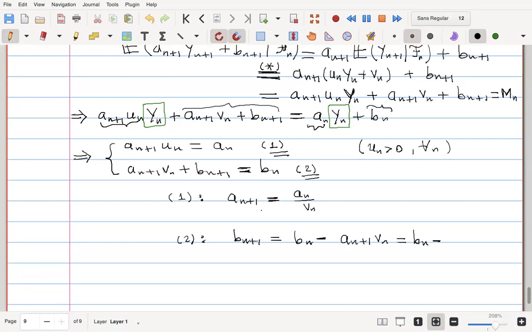If I substitute this expression, you see that the v_n will cancel out. So it will be b_n minus a_n. So this is equation 3, this is equation 4.